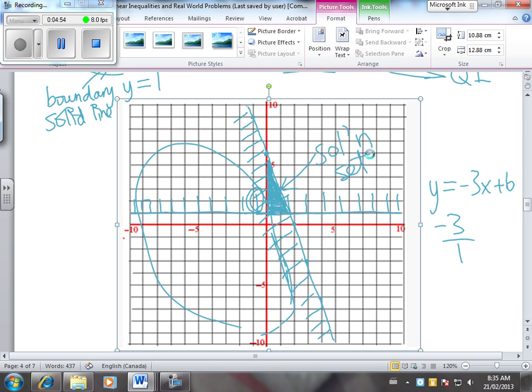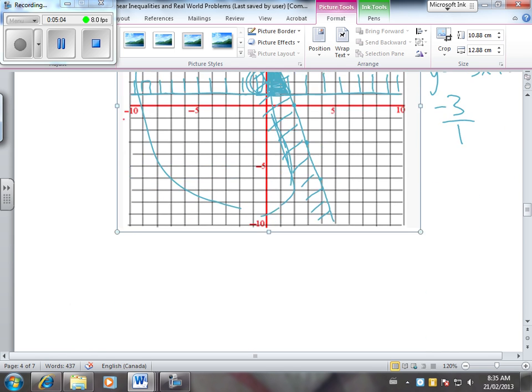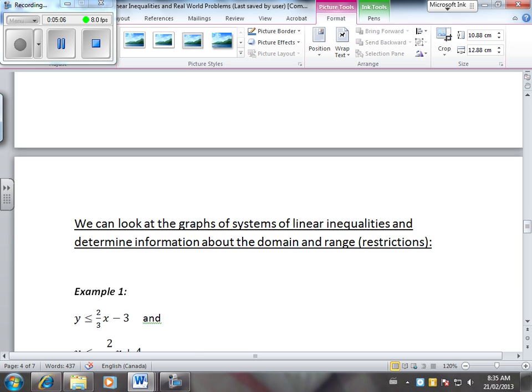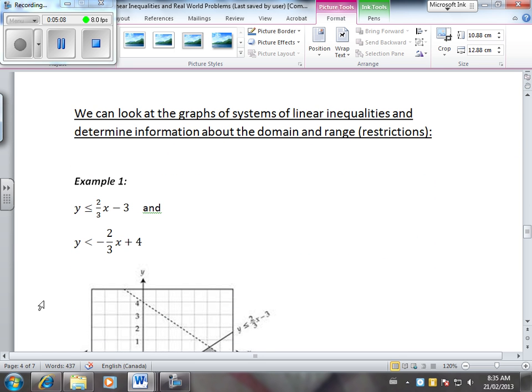Okay, so that's graphing systems of two linear inequalities. If we go on, we can see that if we look at graphs of systems of linear inequalities, we can determine information about the domain and range, and so we can find restrictions.